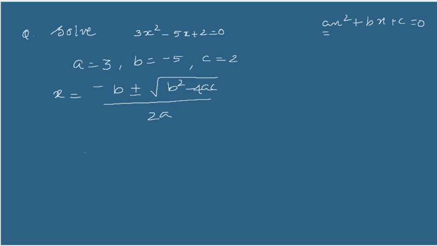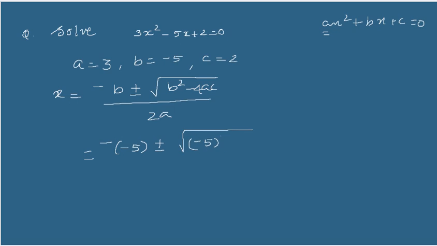Here I am going to apply directly. So minus, then b is minus 5. Please note this step. The formula is negative b, so one negative is already in the formula, and this negative is because b is negative 5. So two negatives, plus or minus root of b square, where b is negative 5.